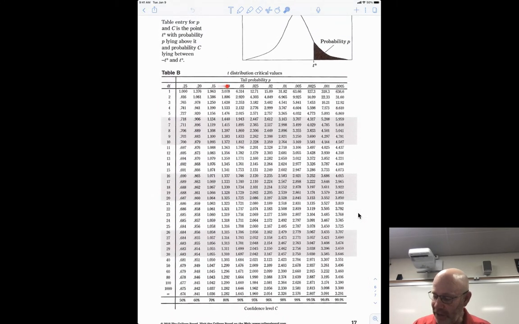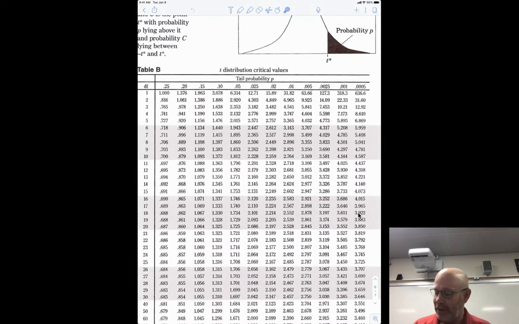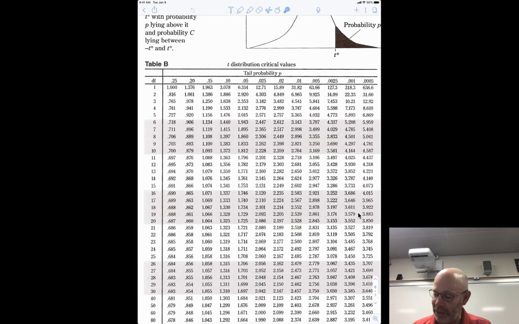The areas are up here at the top, 25%, 20%, 15%, 10%, 5%, 2.5%, and so on. It's the right tail probability. And then these are the numbers that go along with it. This on the left-hand side are called degrees of freedom. So the number changes based on how many people are in your sample. The bigger the sample, the closer this number will be to being really what Z is.